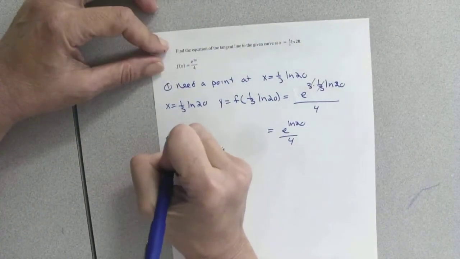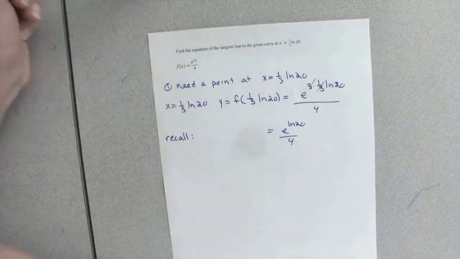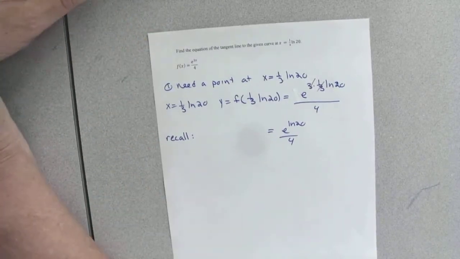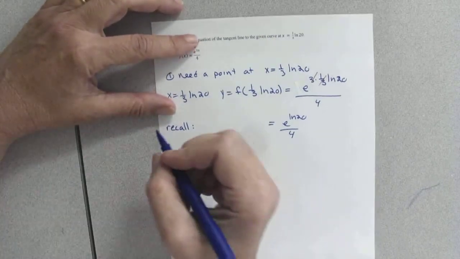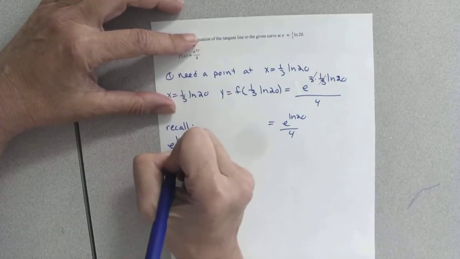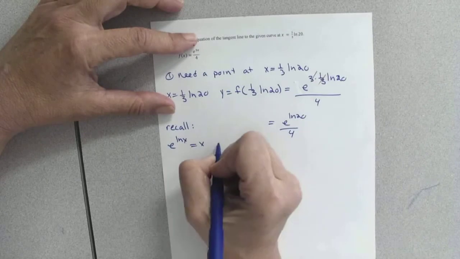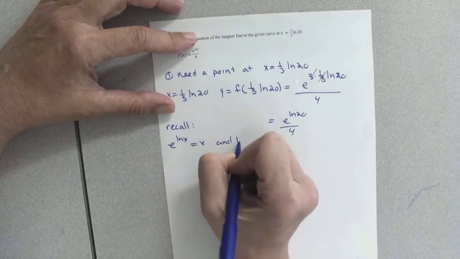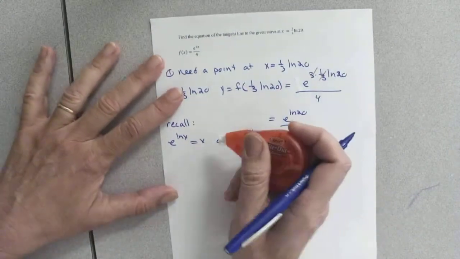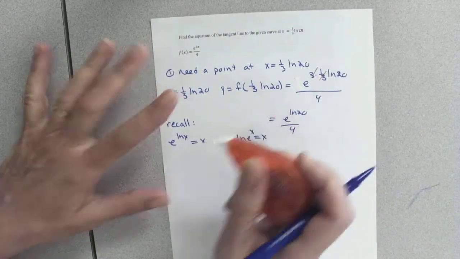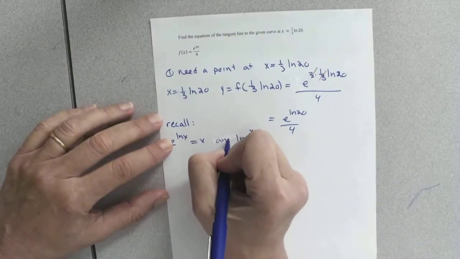We'll talk much more about this in the future when we get more to logarithms. But algebra you were supposed to have experienced in the past was this: e raised to the natural log of x is x, and the natural log of e to the x is x. The natural log and the natural exponentials are inverses of each other.